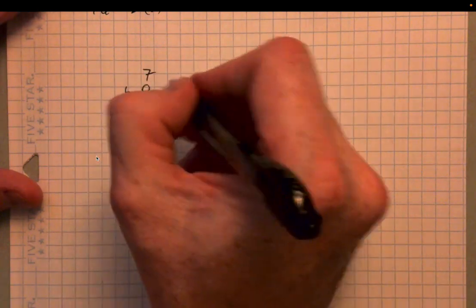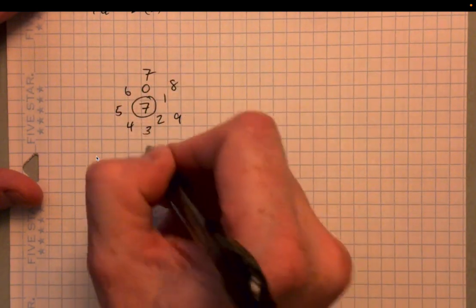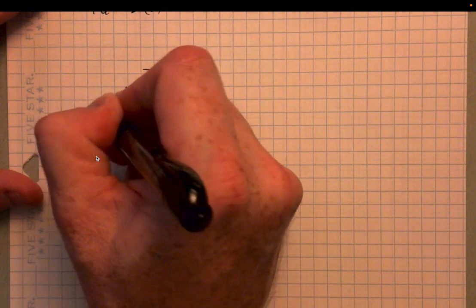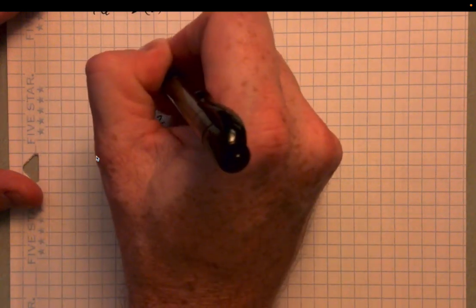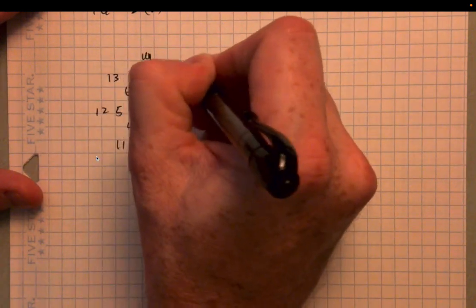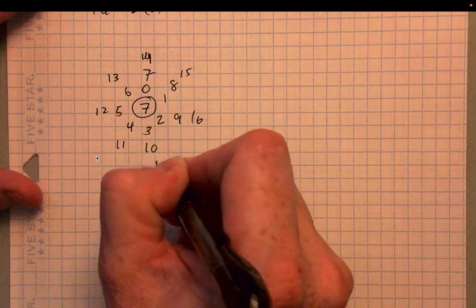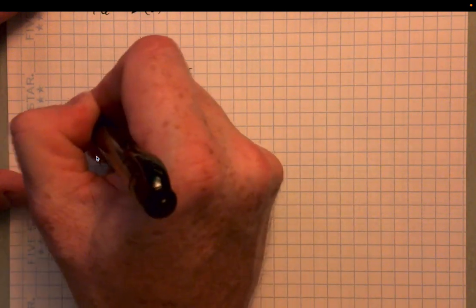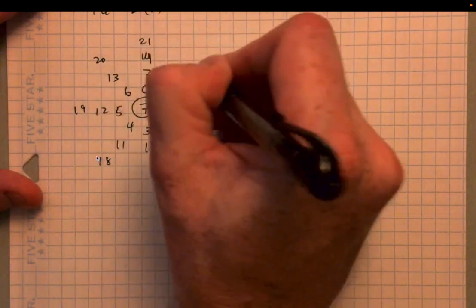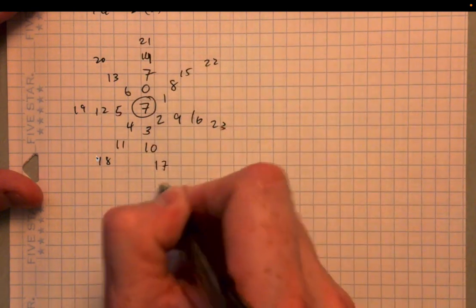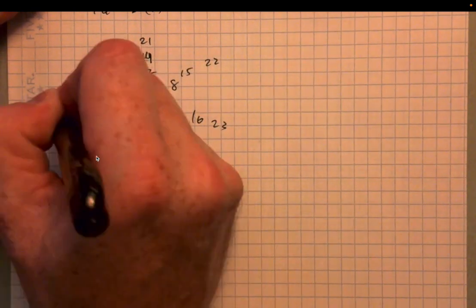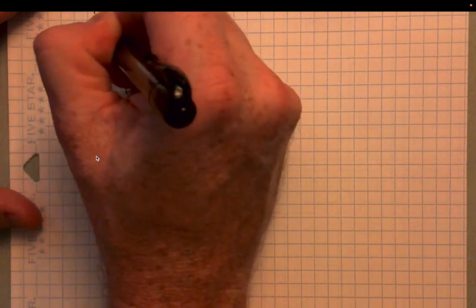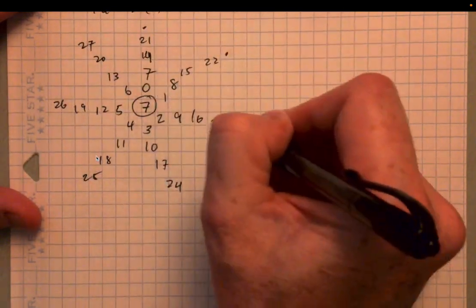We start to wrap around here. 8, 9, 10, 11, 12, 13, 14, 15, 16, 17, 18, 19, 20, 21, 22, 23, 24, 25, 26, 27, and so on. I could keep going.